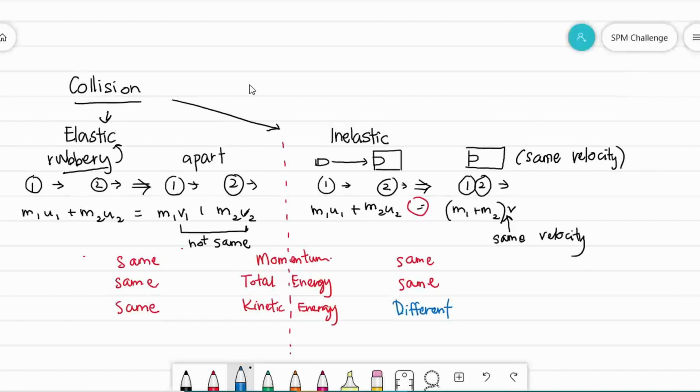The kinetic energy before will be greater than after, because after the collision, some of the kinetic energy is converted into heat, sound, and so on.